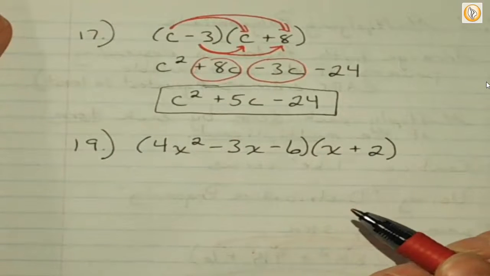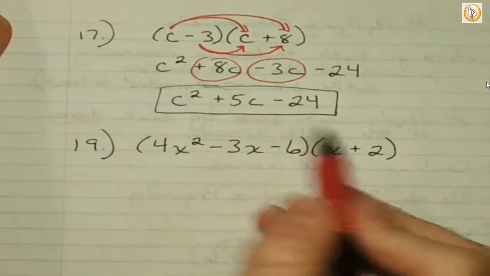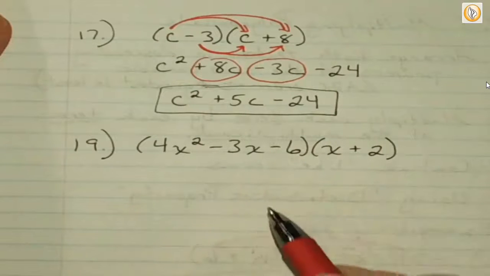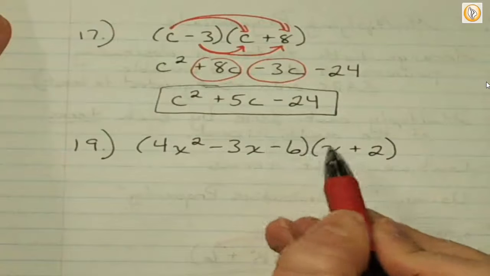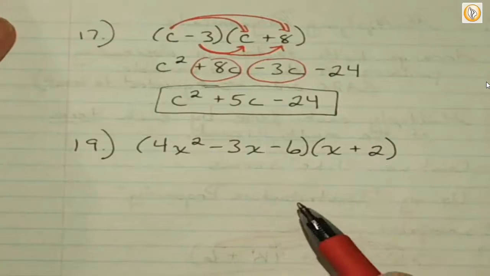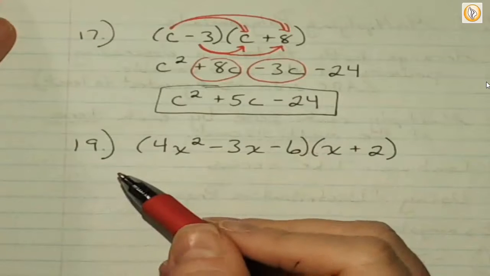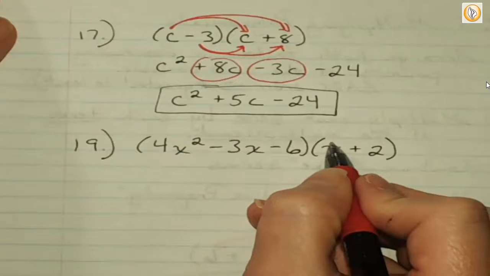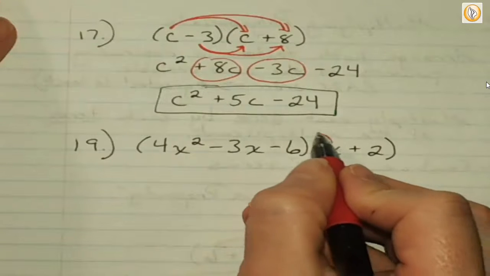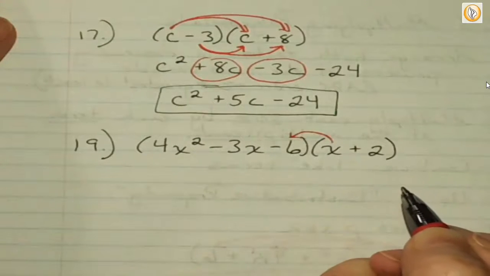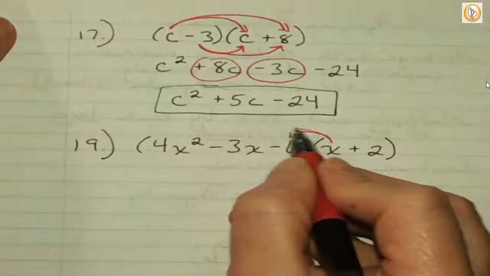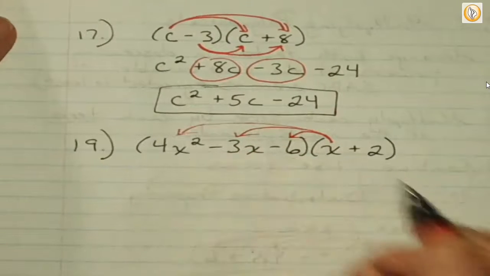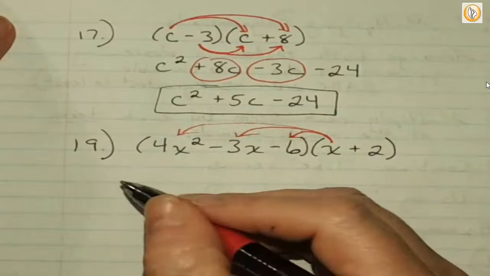So you could do this term times x and 2, and then this term times x and 2, and then this term times x and 2. Or you can go the other way. We can start off with x and do x times negative 6, and then x times negative 3x, and x times 4x squared. We can go the other direction.